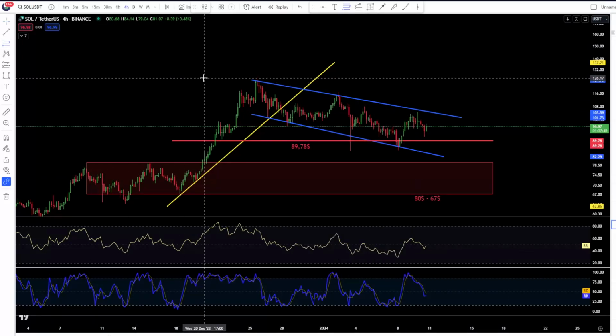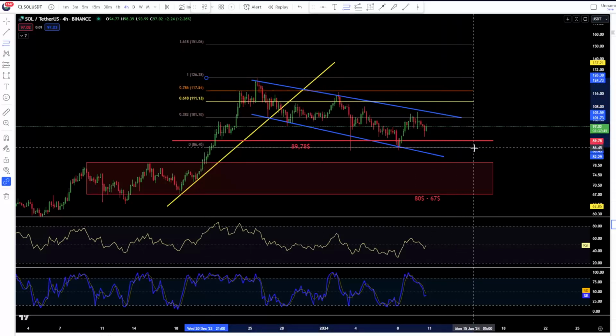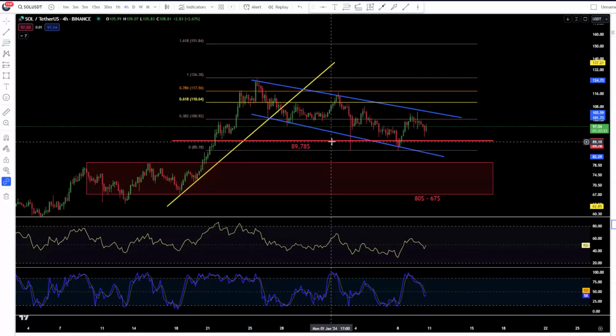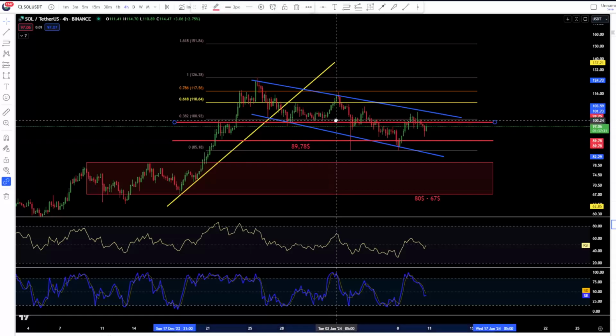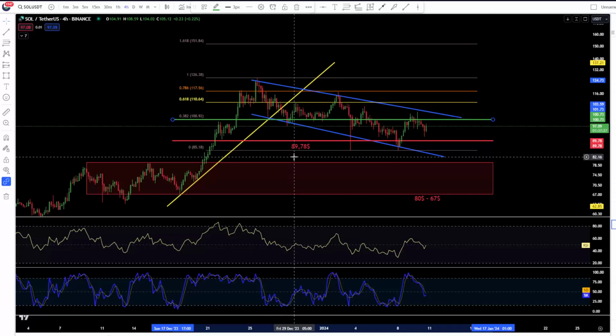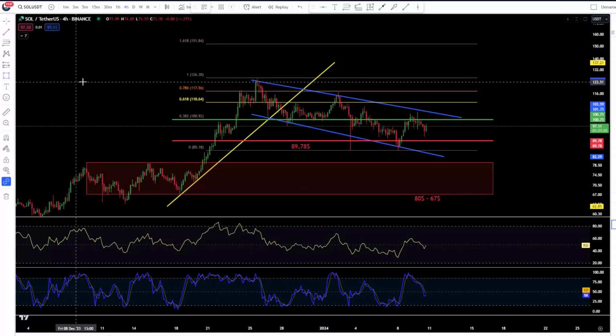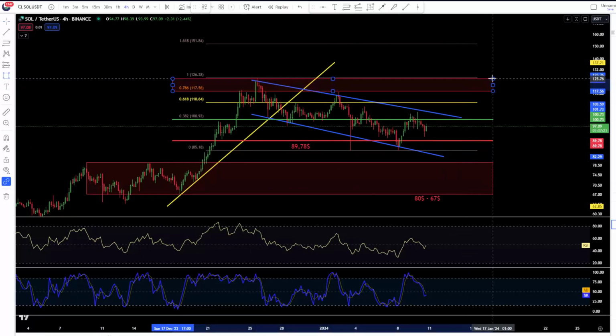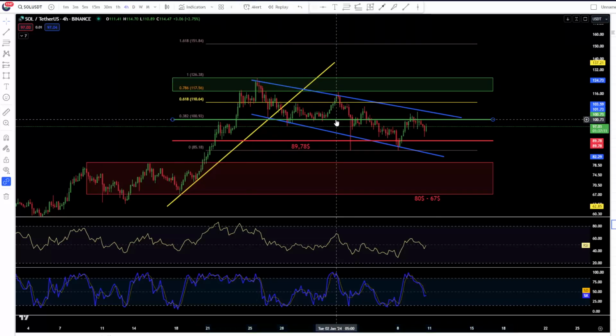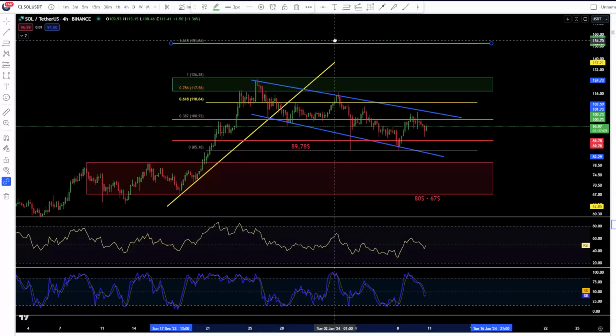Looking the other way, once again after unfolding the fib retracement grid, we see that the price has reached the resistance level at $100.73. Only when it overcomes it and exits the upper channel will it move towards the resistance zone from $118 to $126, which is held price before moving towards $151.